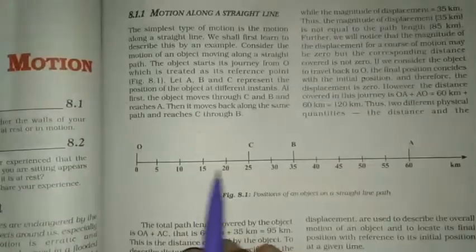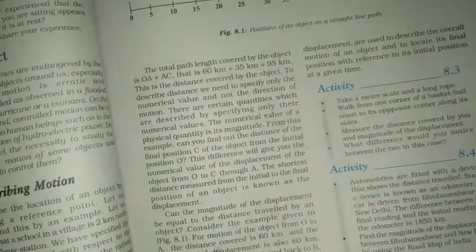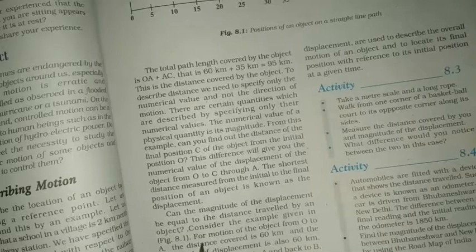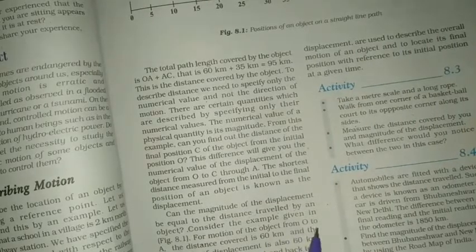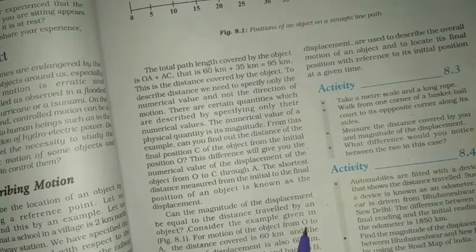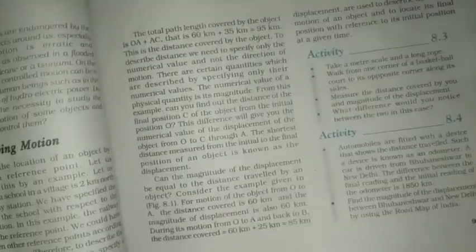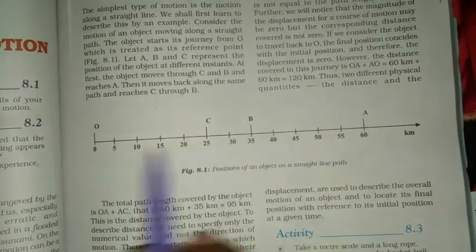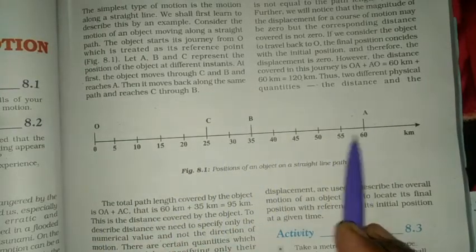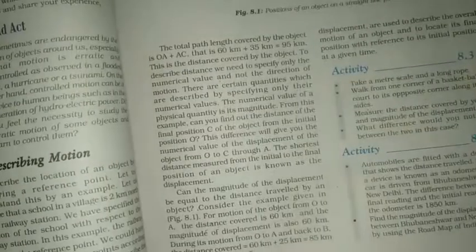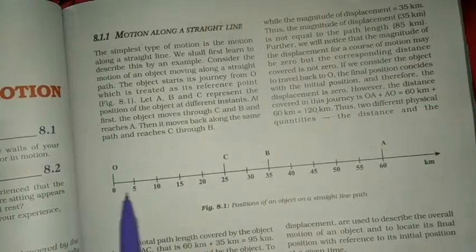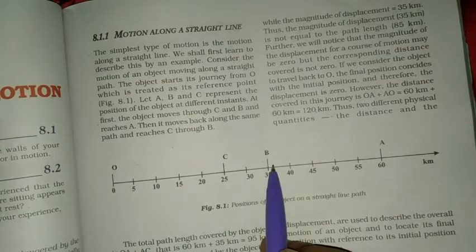See here. In 8.1, the writer is talking about that diagram only. For motion of an object from origin to A, the distance covered is 60 kilometers. According to the graph, the distance covered is 60 kilometers, and the magnitude of displacement is also 60 because the object moves in a straight line, correct?